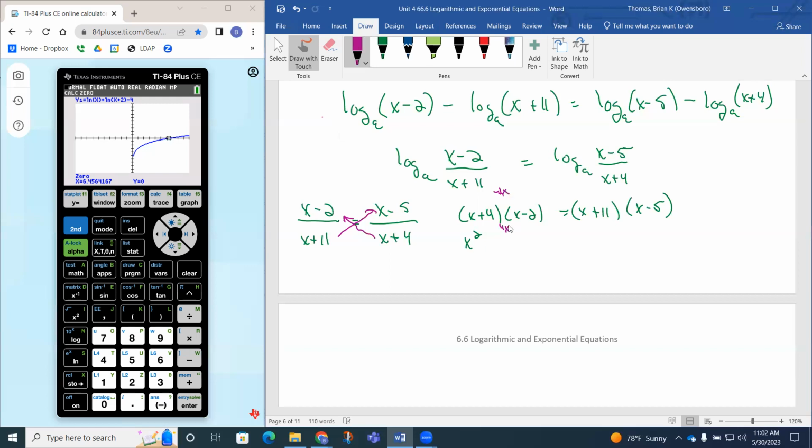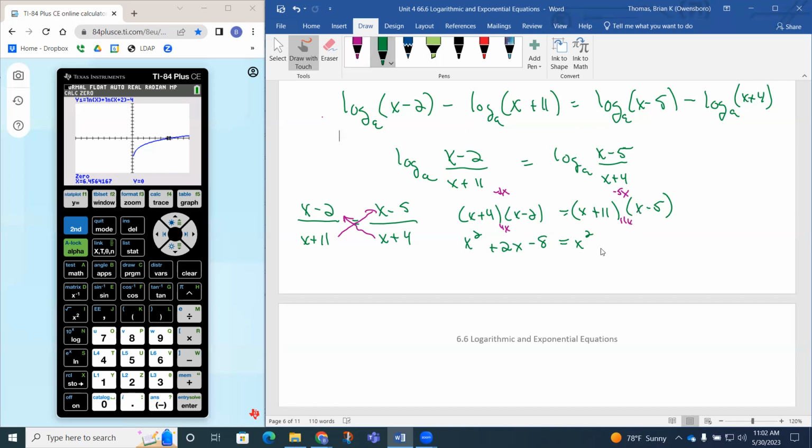So negative 2x and a positive 4x is going to be plus 2x. And then the last terms, 4 times negative 2 would be minus 8. So I have this x squared. Then the outer terms gives me that negative 5x. The inner terms gives me this 11x.